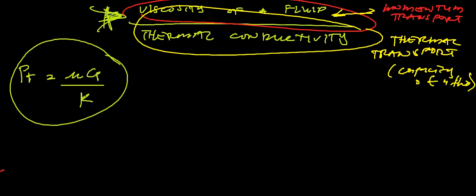But if we take a look at this relationship, the momentum transport and the thermal transport capacity of the fluid, we can define the Prandtl number as the kinematic viscosity over the thermal diffusivity, right?